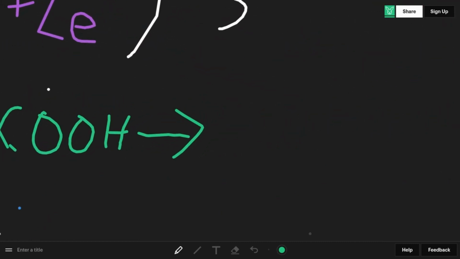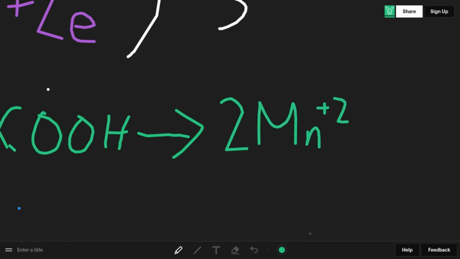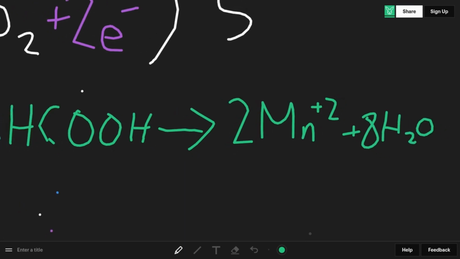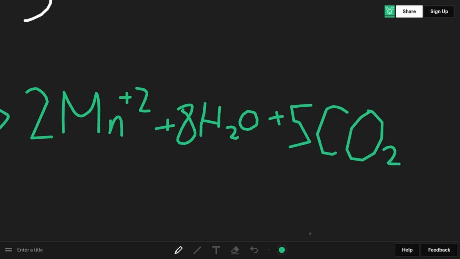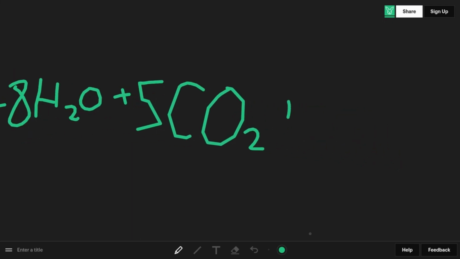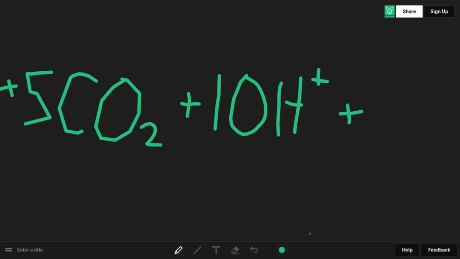And then our products will be 2 Mn2+, 8 waters, 5 carbon dioxides, 10 protons on this side, and then also 10 electrons.